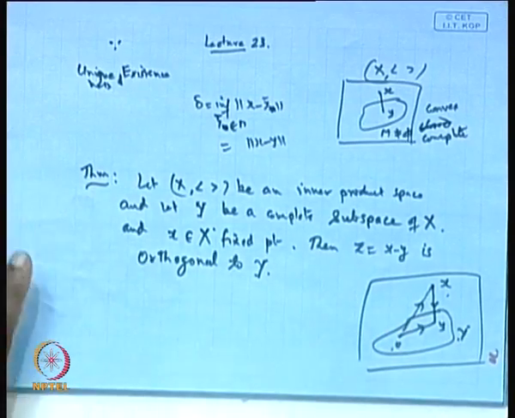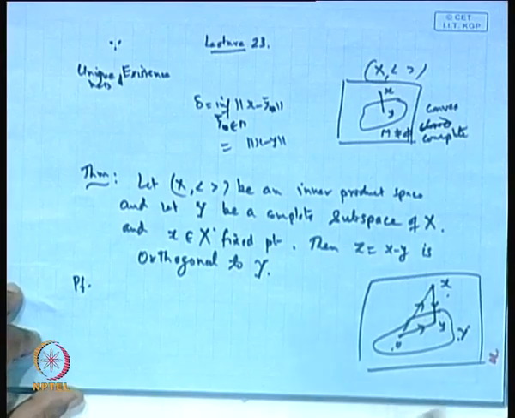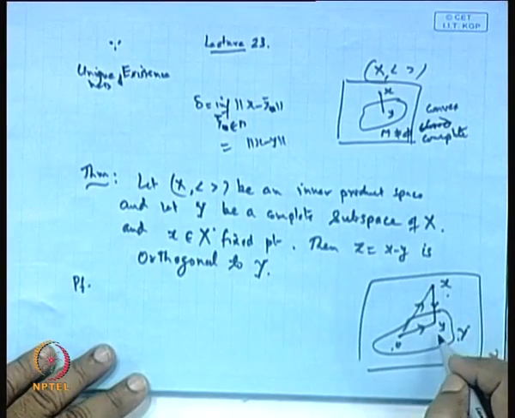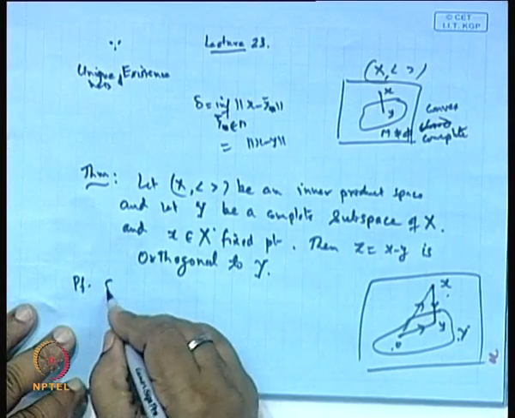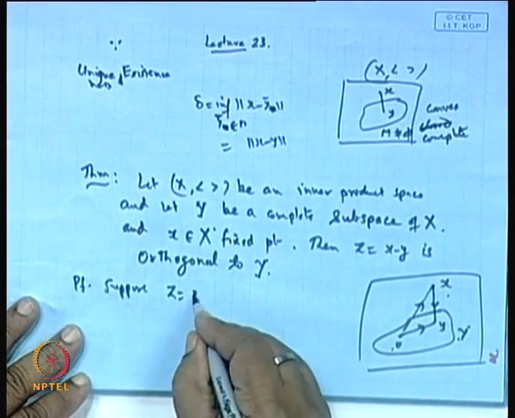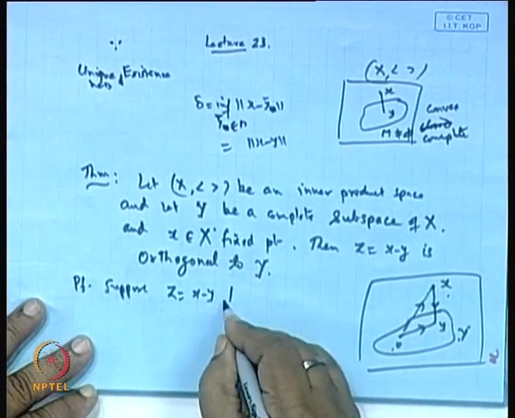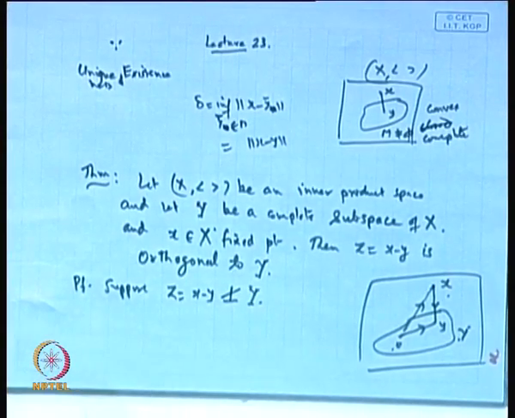So, this is true. The proof is simple. What we are interested in is that the vector x minus y should be orthogonal to y. Suppose the Z, which is x minus y, is not orthogonal to y. Let us prove by contradiction.